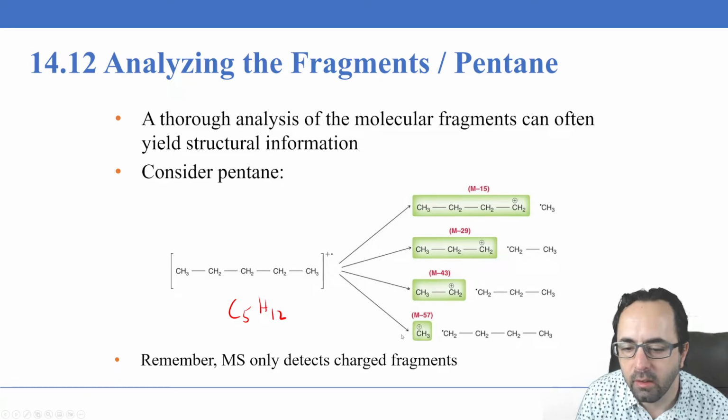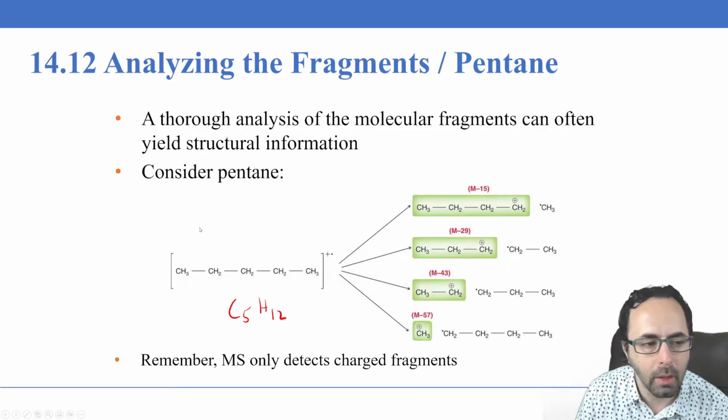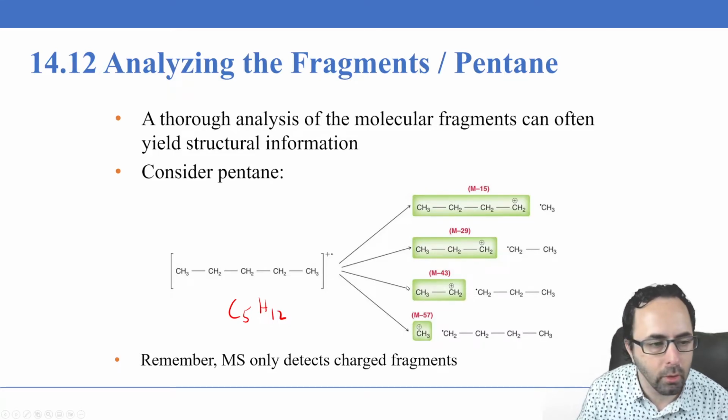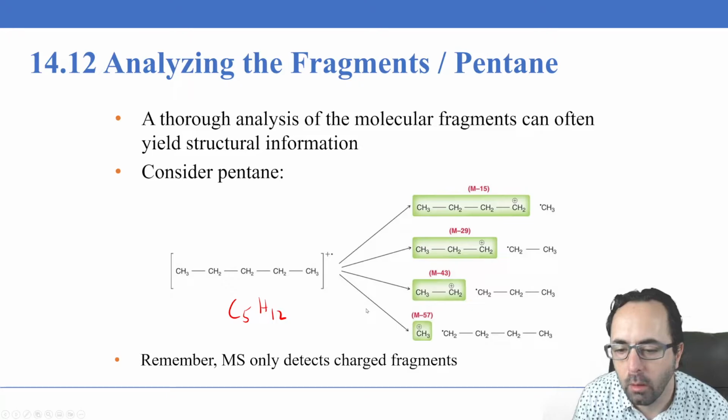At that point, it's going to fragment, and it can fragment in lots of different places. An interesting thing about this, I'll just share with you guys, is when I got my PhD, about half of my research thesis was about trying to figure out the relative amounts of the molecular ions, how they fragment either at the first bond or the second bond. And then I did this for a great variety of these straight chain hydrocarbon molecules.